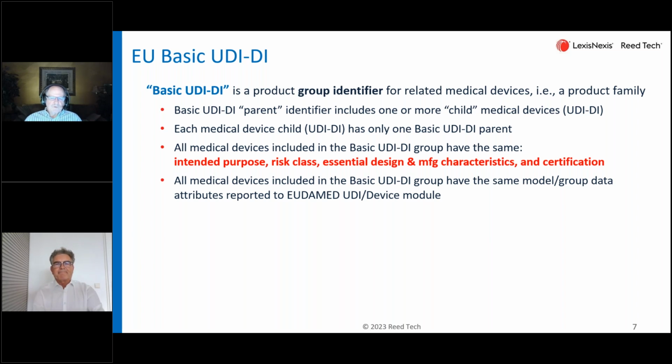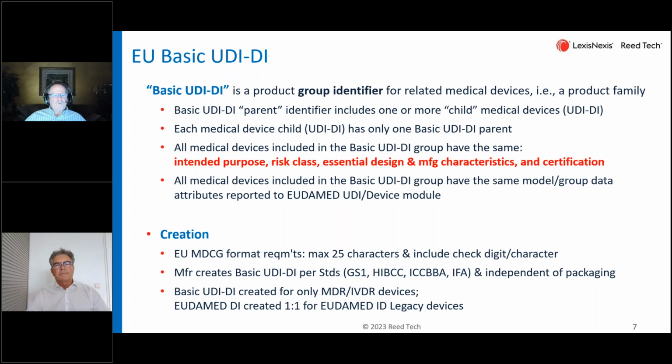And then in addition to that, there are some attributes that are reported into UDIMED, and we'll touch on those in just a second. But all those particular attributes have to have the same value for each device in that particular group.